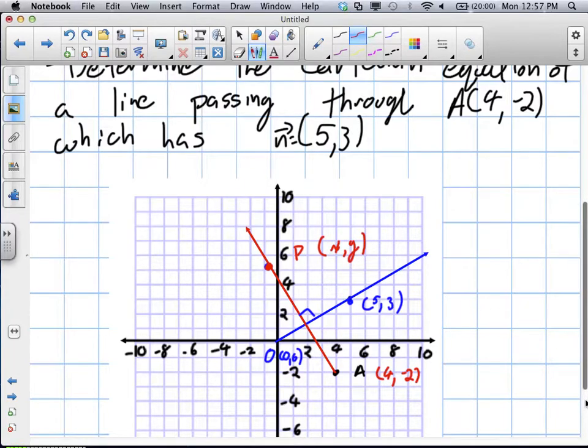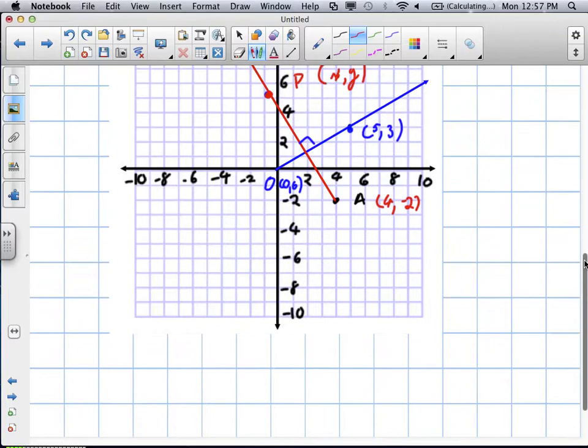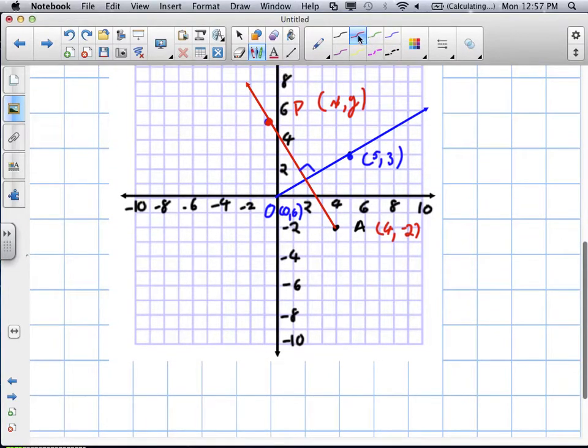We'll call it P, and point P we represent with (x, y). We're going to call this vector AP. And we know the dot product of vector AP and our normal n is going to equal what? 0. They're perpendicular, so the dot product of these two vectors is 0.